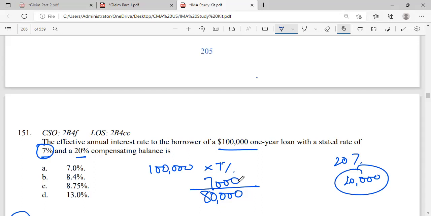What becomes your effective interest rate is 7,000 divided by 80,000, which is 0.0875, into 100, equals 8.75%. The answer here is C.